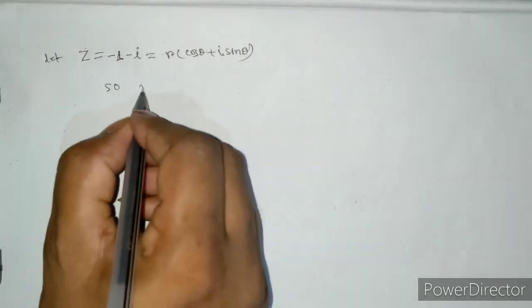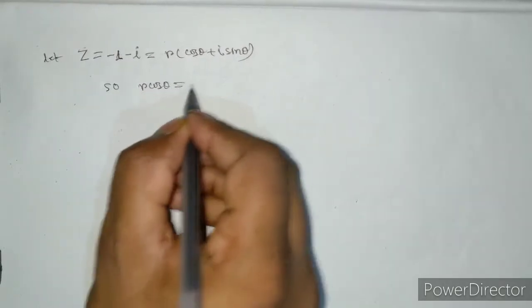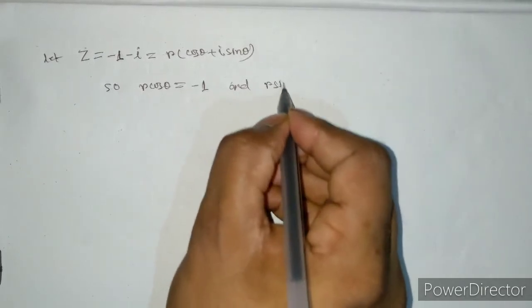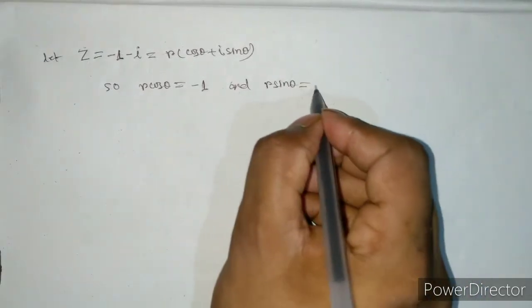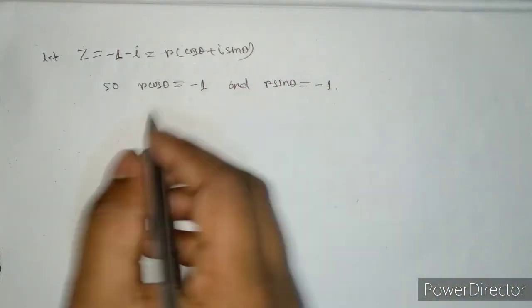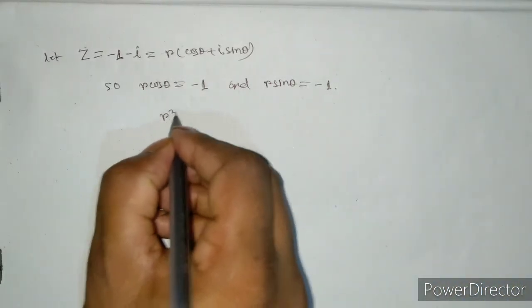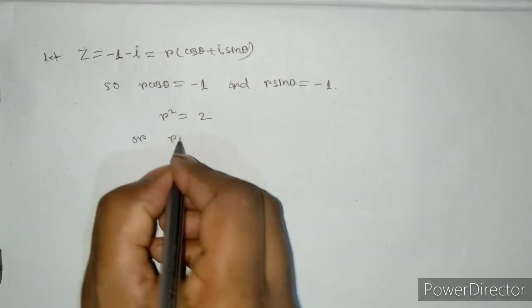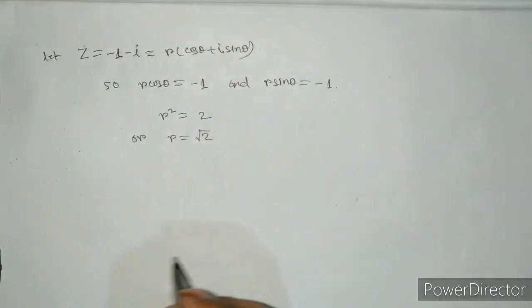So r cos theta equals minus 1 and r sin theta equals minus 1, and this gives r square equals 2, or r equals root 2.